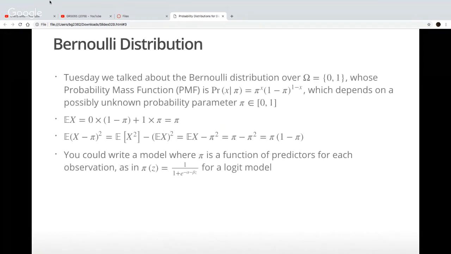Okay, so Tuesday we were talking about the Bernoulli distribution, which is a probability distribution defined over a sample space that just contains two isolated elements, 0 and 1. And these functions that return probabilities have a special name, known as a probability mass function, or PMF.